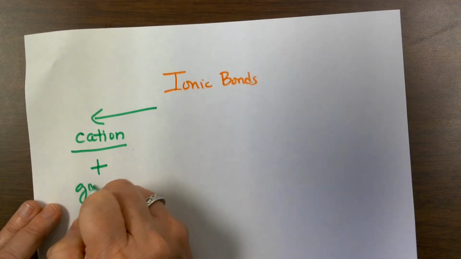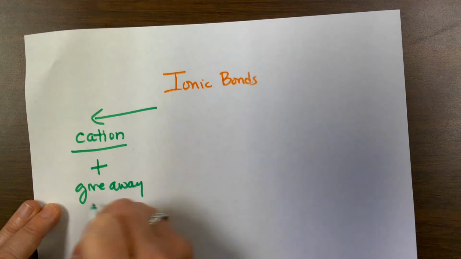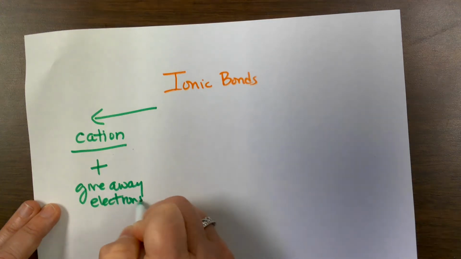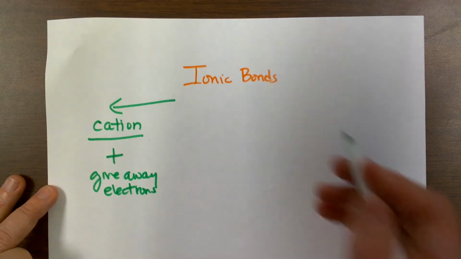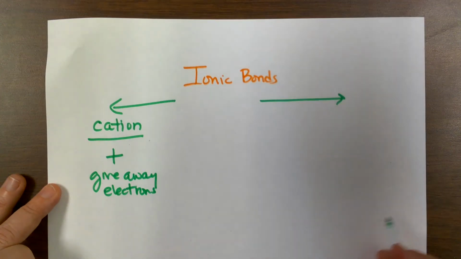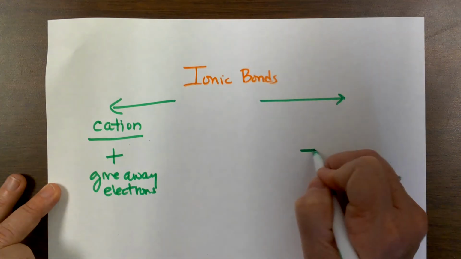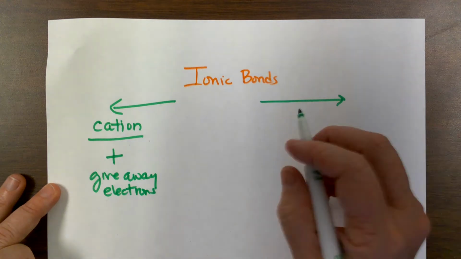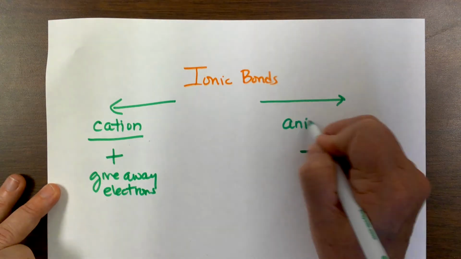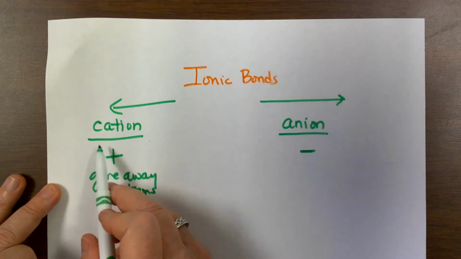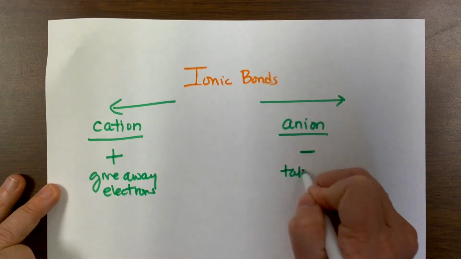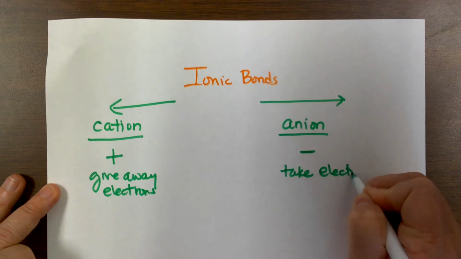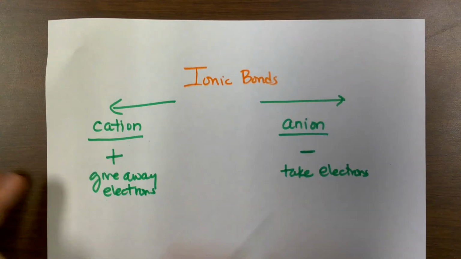They like to give away electrons because basically their valence would be happier if they gave away. They only have like 1, 2, 3. Over here on the right-hand side of your periodic table are your negatively charged ones, because they're so close, they just need a few more. And we call them anions, okay? Cation is positive, anion is negative, and they would like to take electrons, okay?